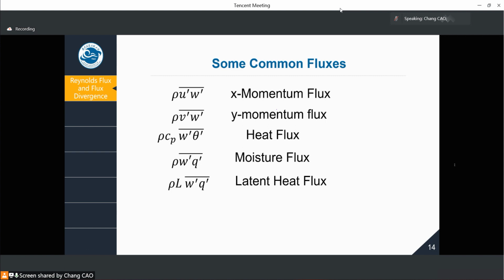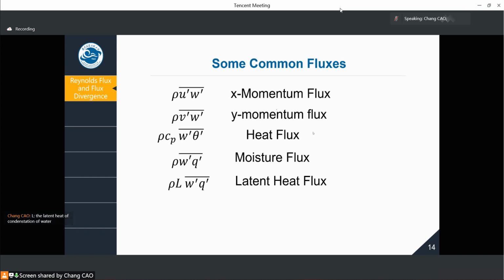So if we add L on the moisture flux, we will get latent heat flux. And L means the latent heat of condensation of water. Okay, so you can write them down. I'll add it as your note here.